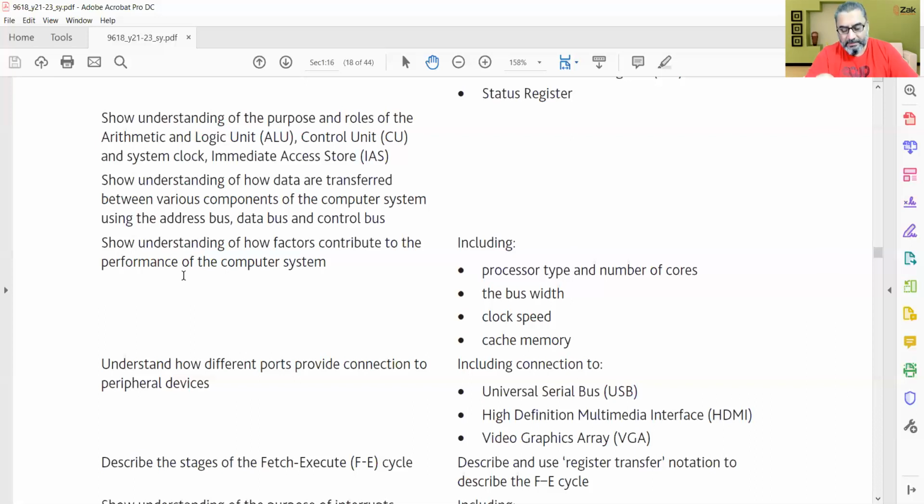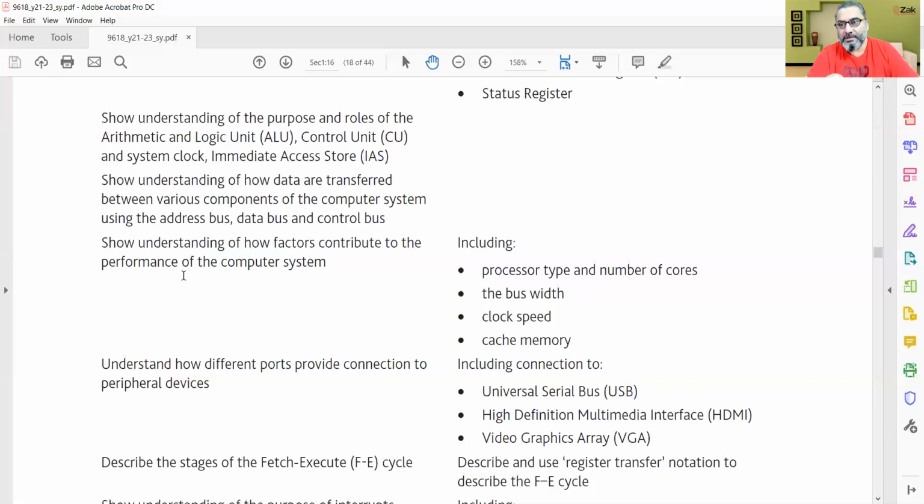But the size of the bus width for address bus and data bus is fixed. So what does it mean? It means that if the bus width for the address bus is 4, the highest address it can access would be 2 to the power 4.